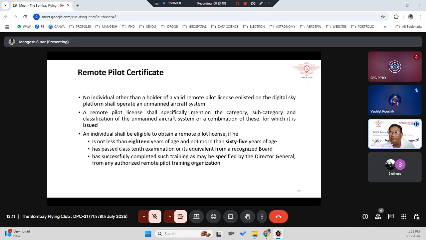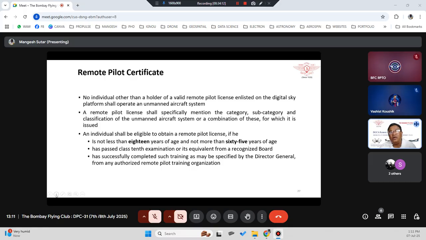Once you complete your 5 days training, I will make an application to the DGCA to generate your license. Once you are done, after 7 to 10 days, you will get the license. I am not guaranteeing it as of now, but I am assuming that you, the first 3 people, will be getting online licenses.